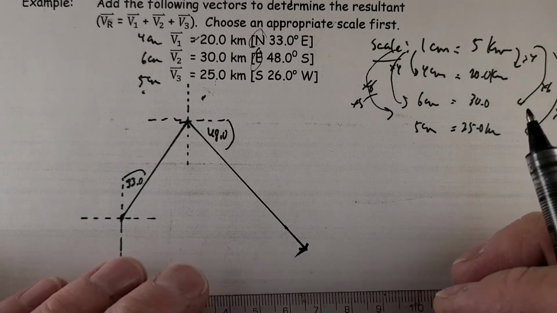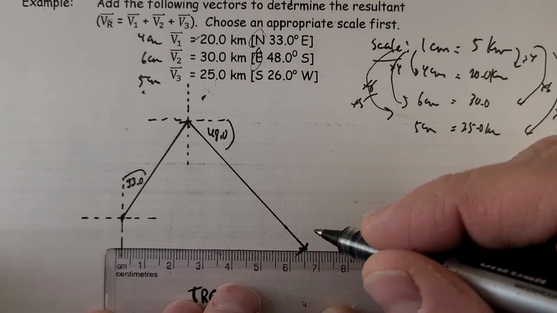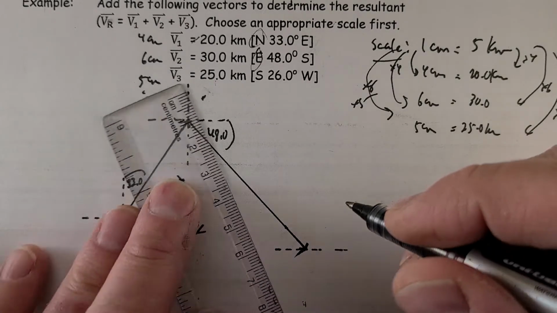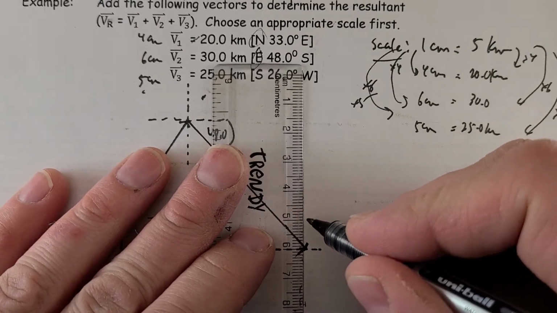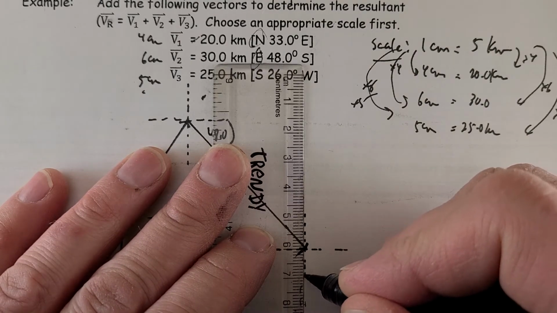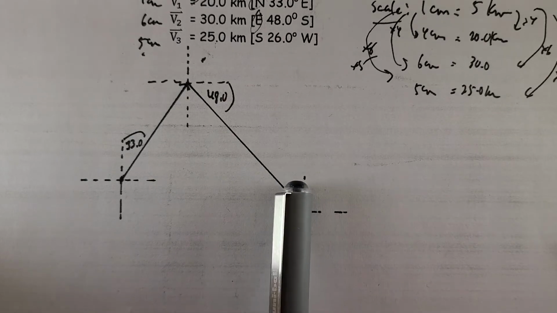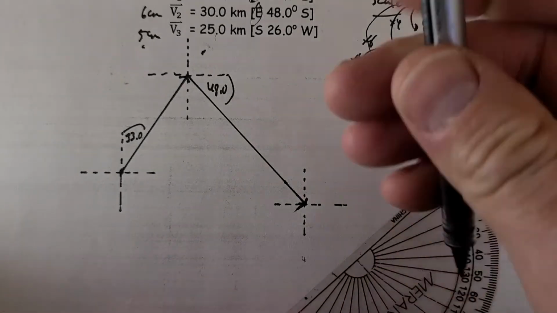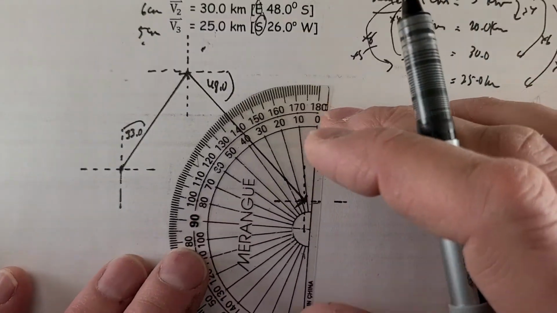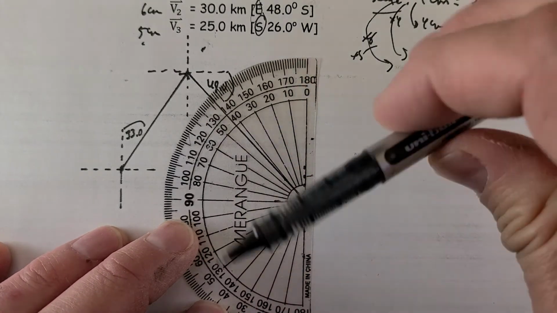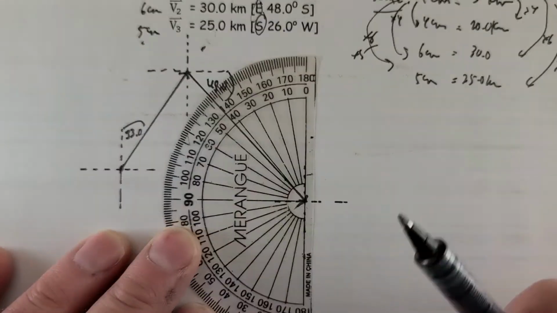All right, then make another crosshair section here. So it looks something like that, and this time I'm going southwest. So from south, I want my 0 on the protractor pointing south, then go in the west direction, so 26 west.